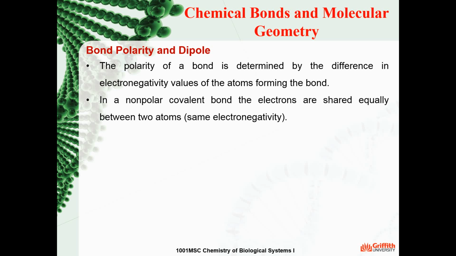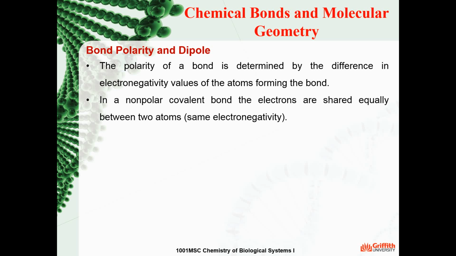A nonpolar covalent bond happens when there is equal sharing of the electrons between the two elements, for example in the H2 molecule. A polar bond happens when one atom has a higher electronegative value than the other, so it can attract the electrons more.